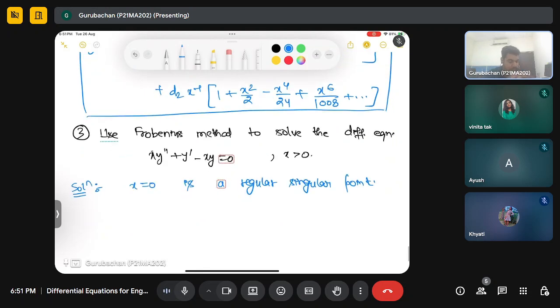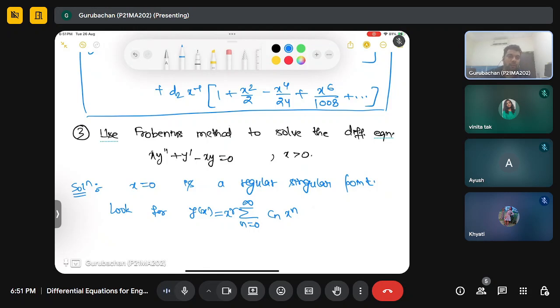Okay, so if it is a regular singular point, you will look for y(x) to be summation n equal to 0 to infinity Cn x to the power n plus r. Now calculate y dash and y double dash, and put them into the given differential equation.